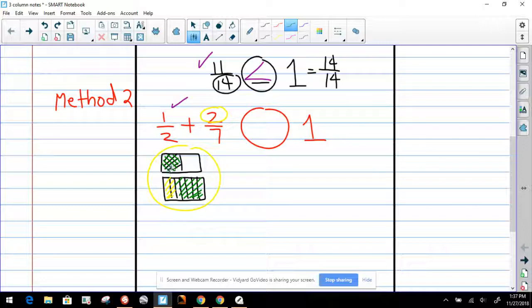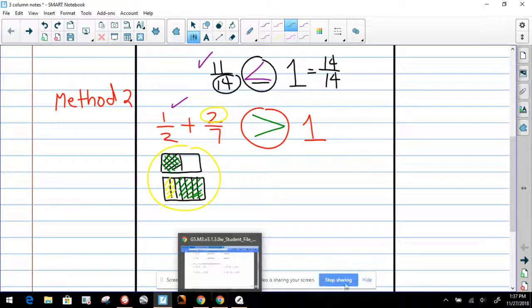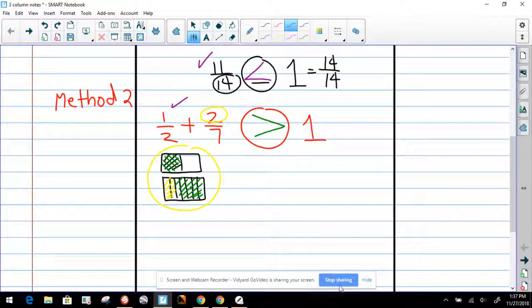So if you have half and more than half, then that should be more than 1. So this answer is going to be greater than 1. Okay, my friends, that's the second method to find out how to solve these inequalities or equalities.